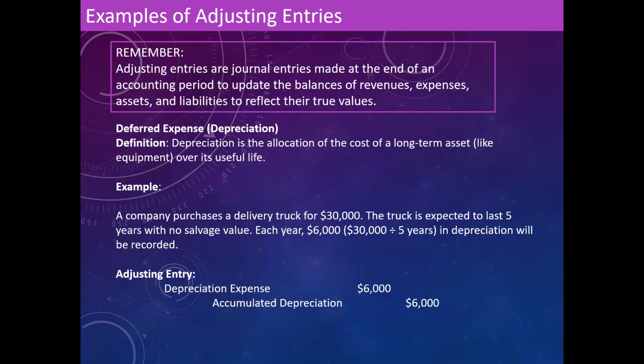And depreciation just means allocating its cost as an expense. So at the end of each year, we'll do a depreciation expense debit for 6,000, and then we'll credit the accumulated depreciation account, which is a special asset account that we link together with, in this case, our truck asset to show the amount that we've depreciated.